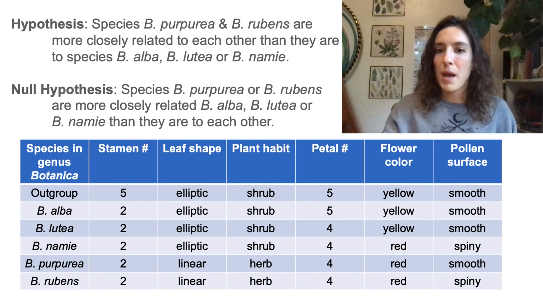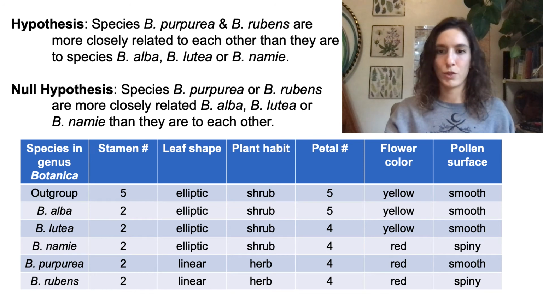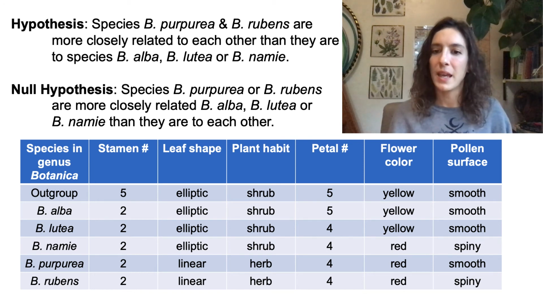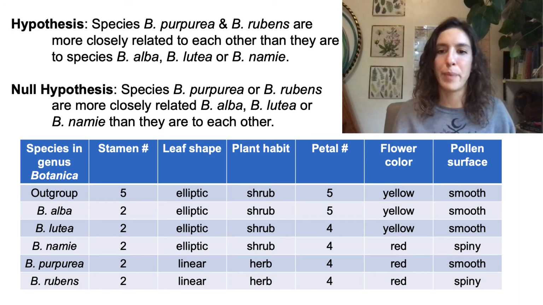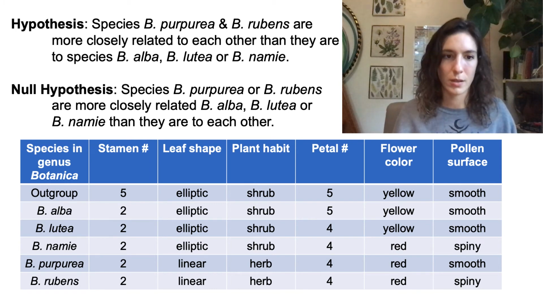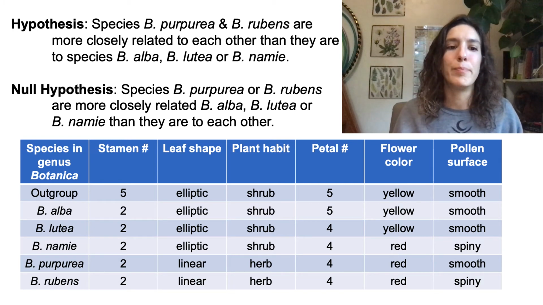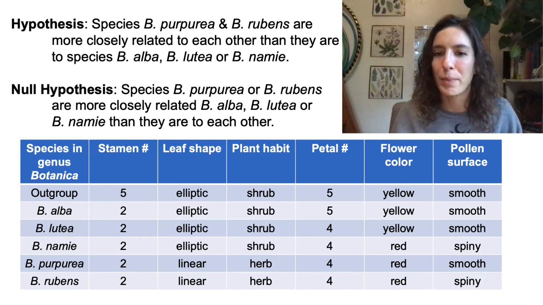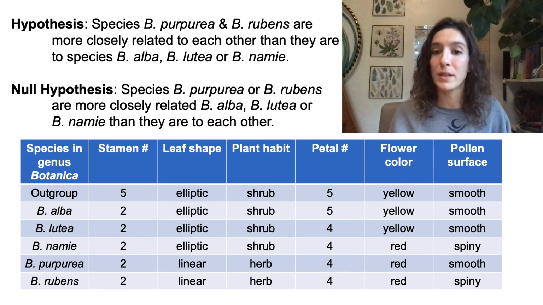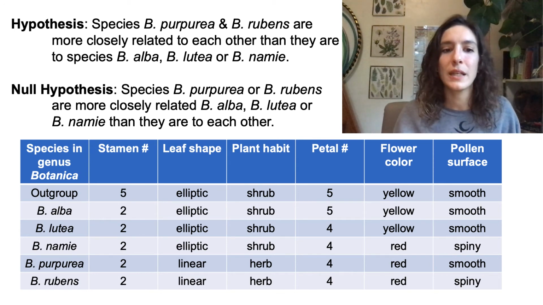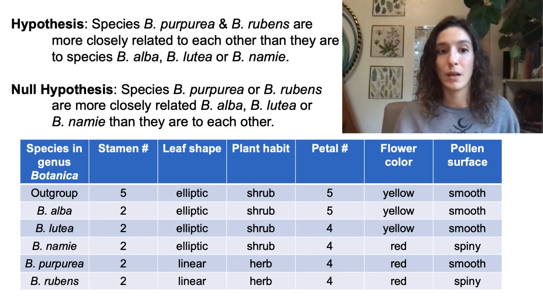Well, I've got some hypotheses about these. I'm just making them up for our example based on this matrix. My hypothesis in this example is that Botanica purpurea and Botanica rubens are more closely related to each other than they are to any of the other species, namely Botanica alba, Botanica lutea, and Botanica nami.